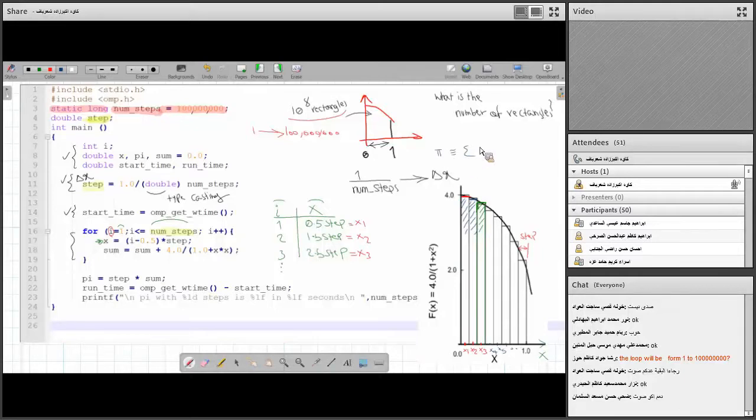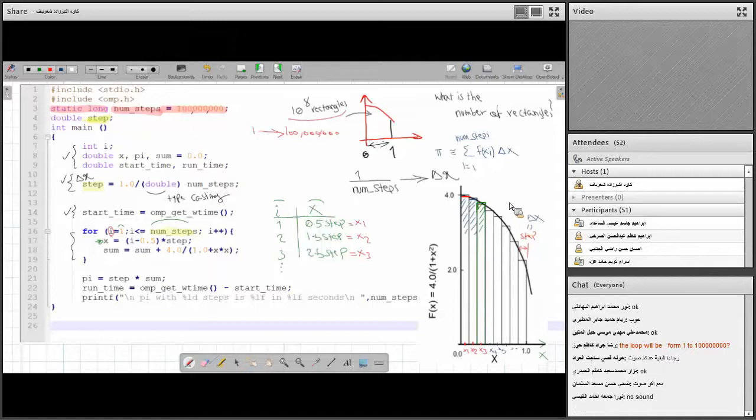Pi number approximately equals with delta x. Step equals delta x.